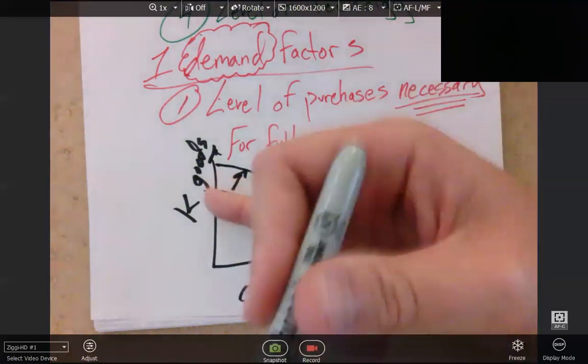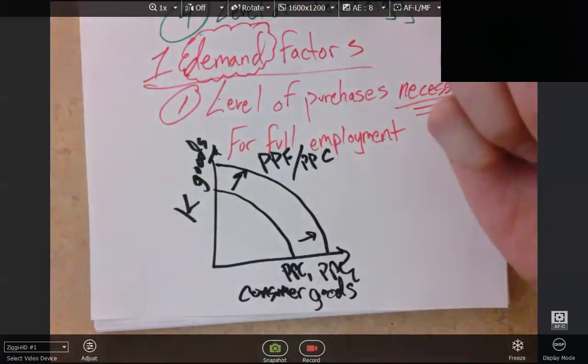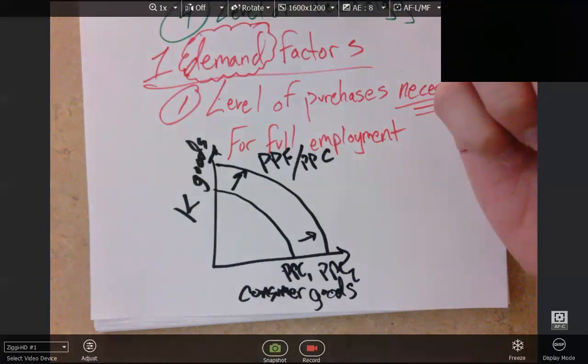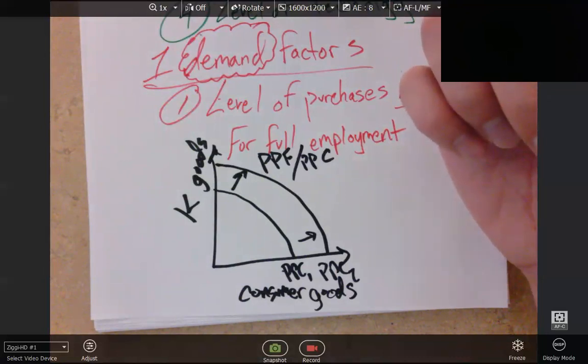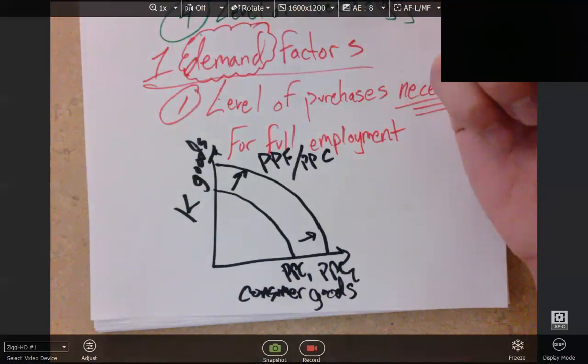Why do we need to produce capital goods every year? Can we just take a year off? No, why? We still need to supply. But why do we need to keep supplying capital goods to places? What happens to their existing capital goods? They break down, they wear out, they become irrelevant, right?